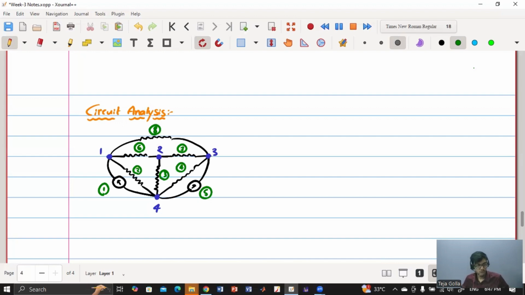So here we have considered 4 nodes and 8 branches, but we can develop the theory for a generalized circuit. So we can consider any circuit with n nodes and b branches.